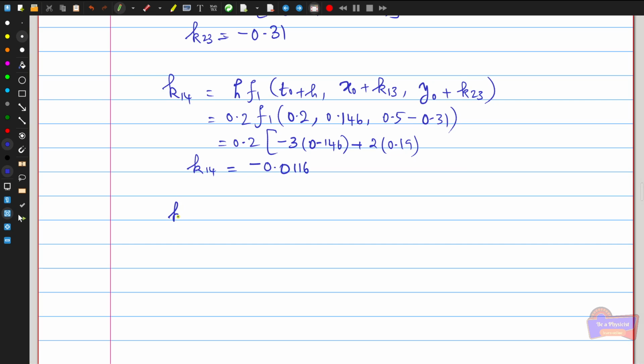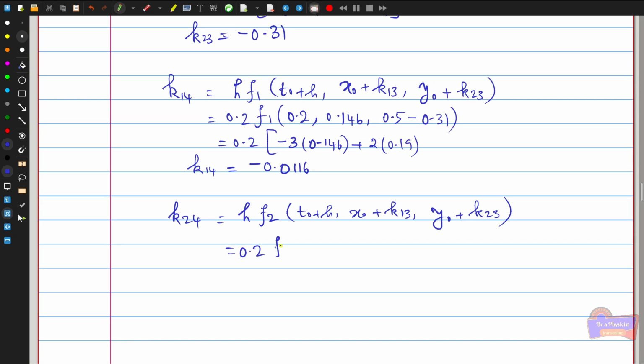Similarly, the k24 slope is equal to h times function f2 of t0 plus h comma x0 plus k13 comma y0 plus k23. So 0.2 times function f2, again the same values 0.2 comma 0.146 comma 0.19.